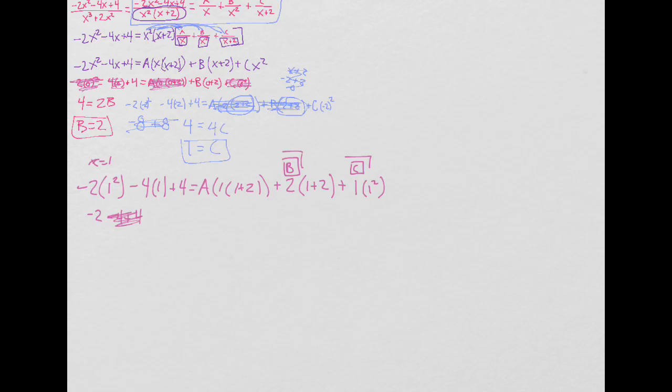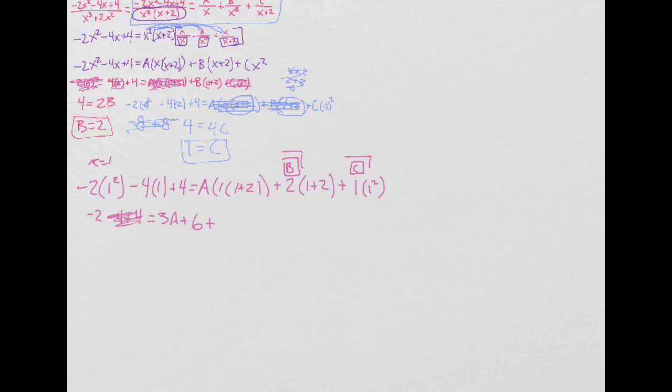So we have negative 2 equals a times, notice inside the deepest parentheses we have 1 plus 2 is 3, 3 times 1 is 3, 3 times a, so we have 3a, plus we substitute 2 in for b, inside those parentheses with 1 substituted in for x, we get 1 plus 2 is 3, times 2 is 6, plus c is 1, so we substituted that in, and x is 1, so we substituted that in.